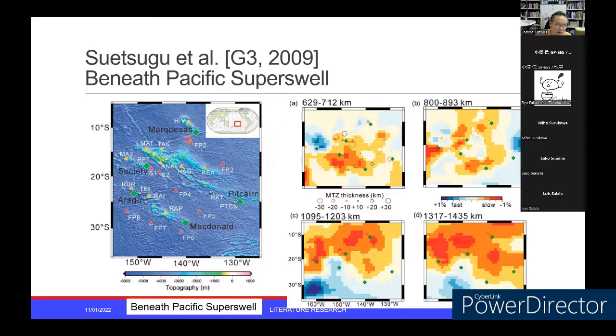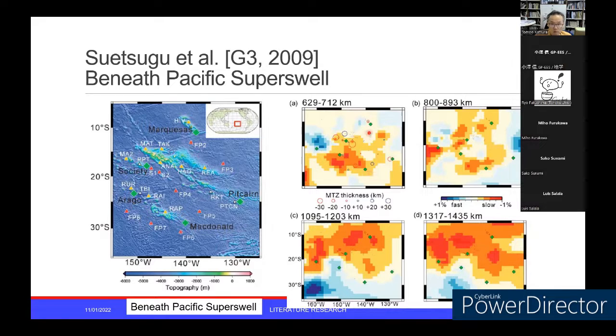There are several hotspots there: Marquesas hotspot, Society Islands, Austral Islands, and McDonald Islands, and Pitcairn Islands. And these are cross sections of 600 to 700 kilometer depth, 800 to 900 kilometer depth, 1100 to 1200 kilometer depth, and 1300 to 1400 kilometer depth.